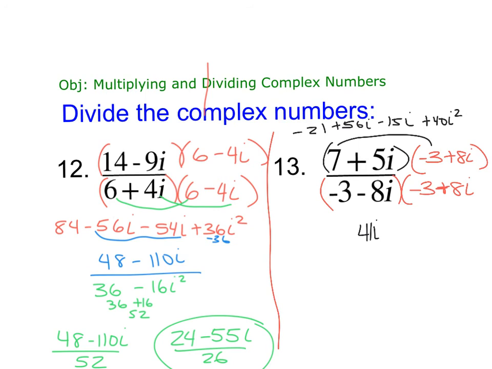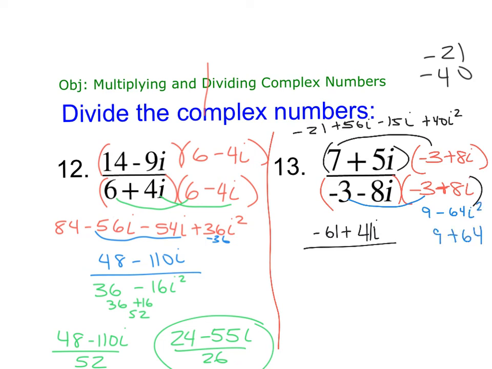And then we have negative 21 and negative 40, negative 61 over. And I'm going to FOIL the bottom. This becomes 9 minus 64i squared. So that's 9 plus 64, which is 73. Done. So FOIL the top, FOIL the bottom, simplify.